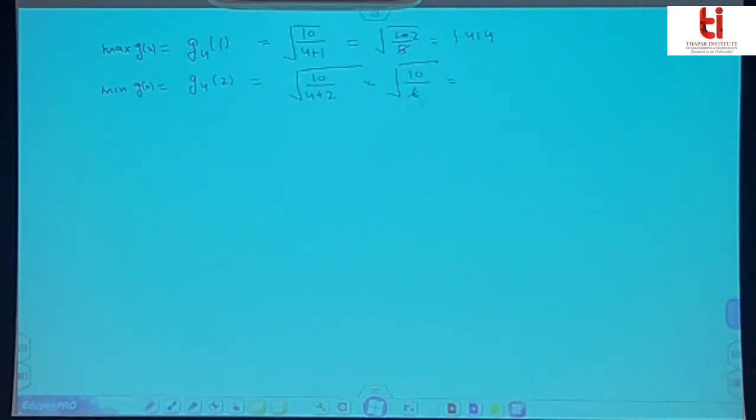So we can compute the value of g4(x). What we are getting here is square root of 5 divided by 6, and the square root value is 0.527046.